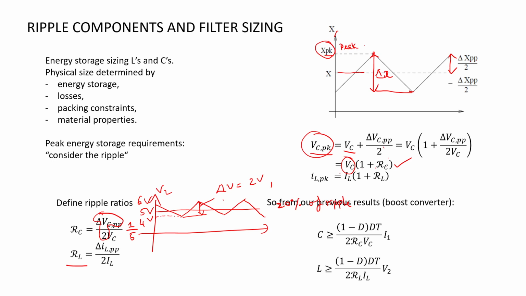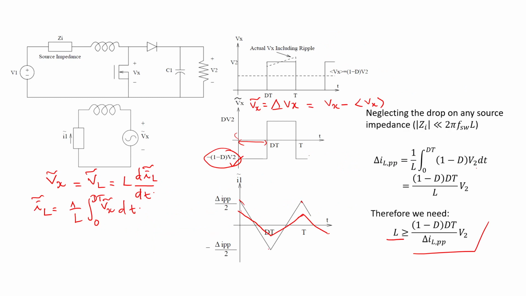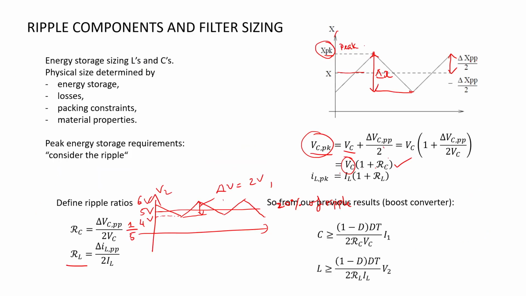And now you substitute the term delta VC and VC from here. V2 is the same as VC. So you have this and you have this, then you can reformulate it in terms of ripple ratio for C or L.